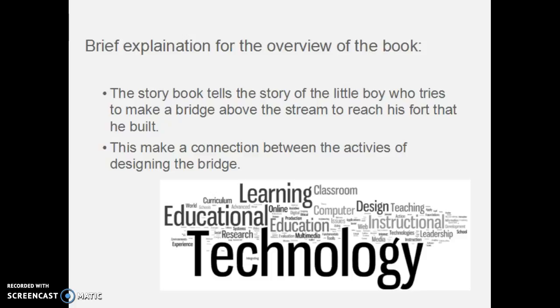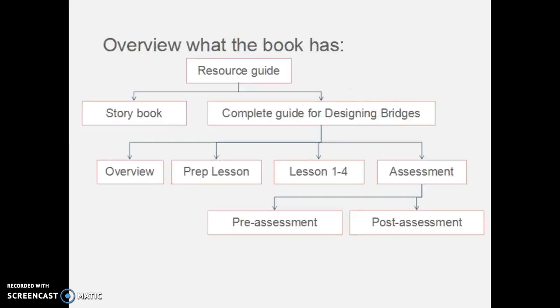So the next part of the book is the complete guide. The complete guide is divided into parts: a preparatory lesson, lessons 1 to 4, and assessments. The assessment is further divided into pre-assessment and post-assessment.